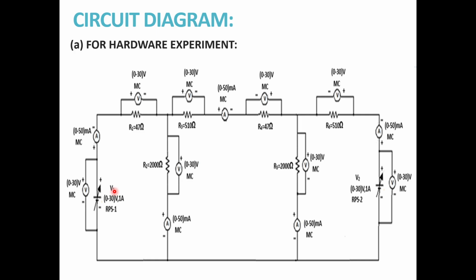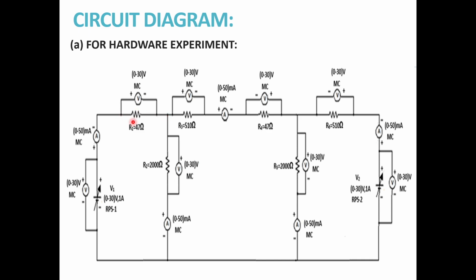What is the range of RPS here? 0 to 30 volts 1 ampere, and let us assume that notation of this RPS1 voltage, let us give it as V1. Okay, so to V1 positive terminal connect ammeter positive, ammeter negative is connected to 47 ohms.